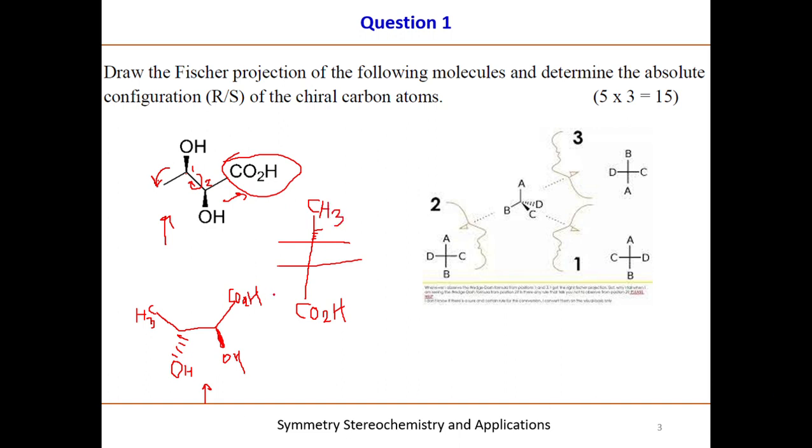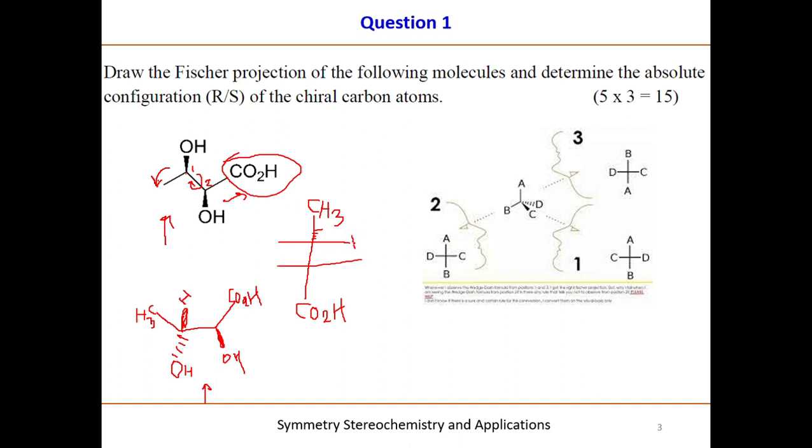Correct? Then look at this molecule. CH3 group is upside, CO2H group is downside, and now you can see the hydroxy group is on the back of the plane. That means the front side has hydrogen, and we are looking from that side. That means the front side position will always show the right hand side stereochemistry.